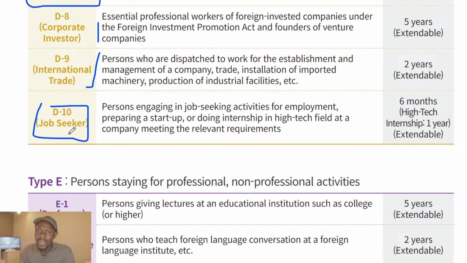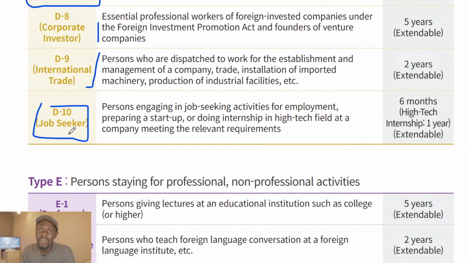So let's say you went to South Korea for an undergraduate. After 4 years you graduated. If you're thinking of staying in South Korea to look for a job, this is the type of visa that will be given to you, and it's a visa that is issued every 6 months, which means they would give you 6 months, and then within that 6 months you must make sure you're actively looking for a job, which means you must make sure you apply to companies.